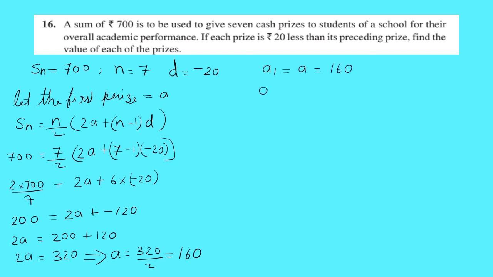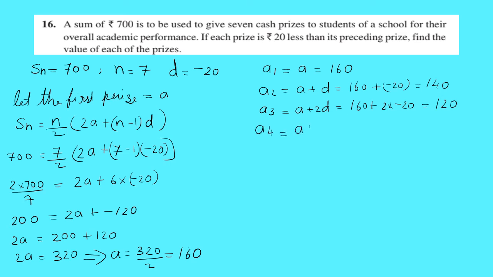Second prize, that is a2, equal to a plus d, that is 160 plus minus 20, that is 140. a3, that is a plus 2d, that is 160 plus 2 multiplied by minus 20, that is 160 minus 40, that is 120. a4 equal to a plus 3d, that is 160 plus 3 multiplied by minus 20, that is 100.